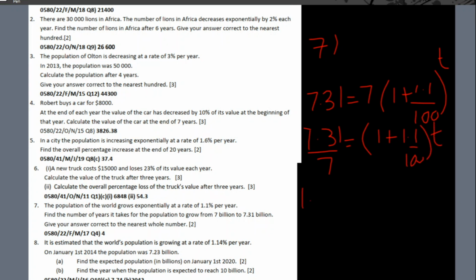This becomes 1.04428 equals 1 plus 1.1 over 100, which is 1.011 to the power t. Now what power of 1.011 equals 7.31 over 7, or this decimal value?